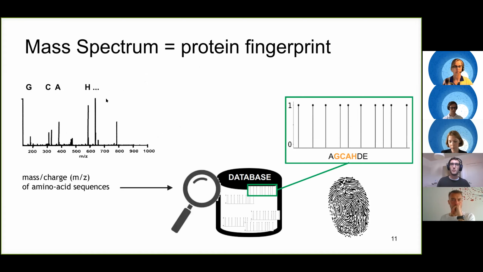Typically, they will take this observed spectrum and query it against a database of all theoretically possible calculated spectra. It's like you have a fingerprint and you look it up in a database of all known fingerprints, something like that. But with Prism, this database actually consists of patterns.